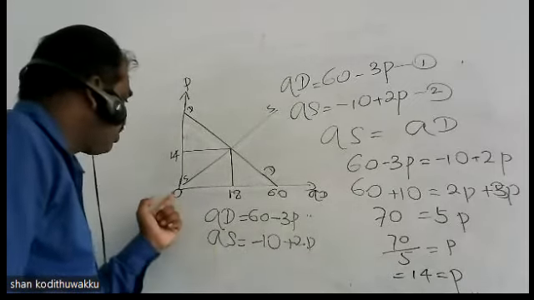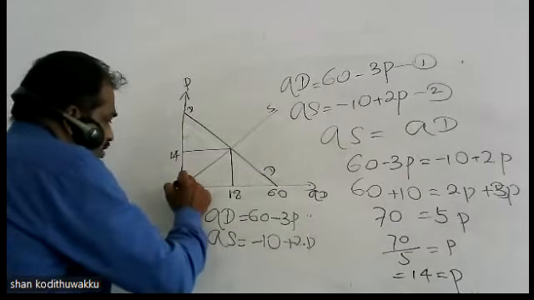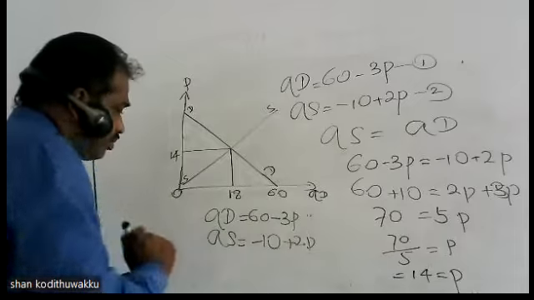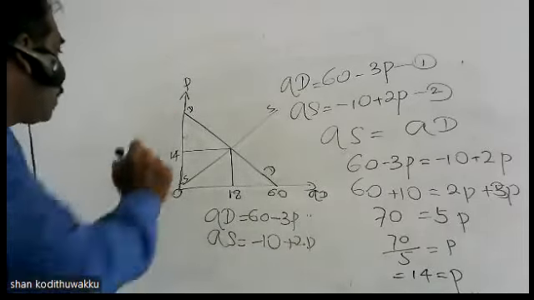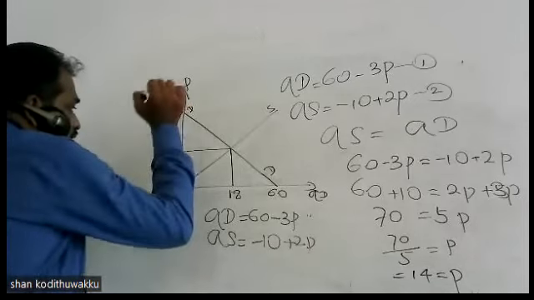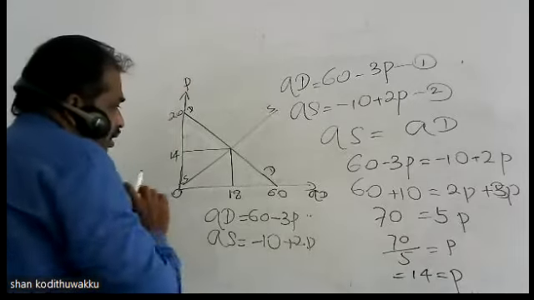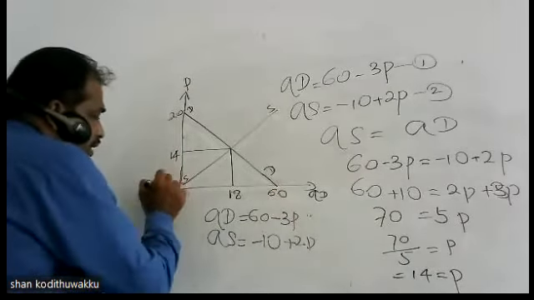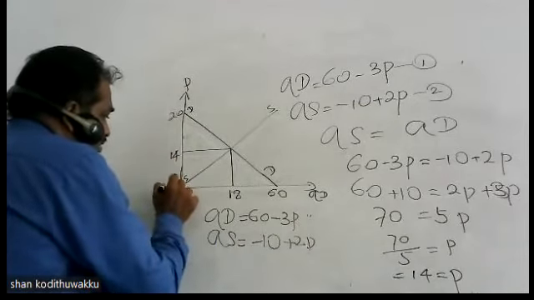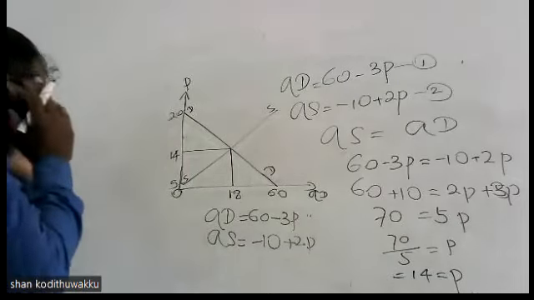Here, when the quantity supplied is 0, you can take the price as 5. Maximum price 20, maximum quantity 60, and minimum price 5.